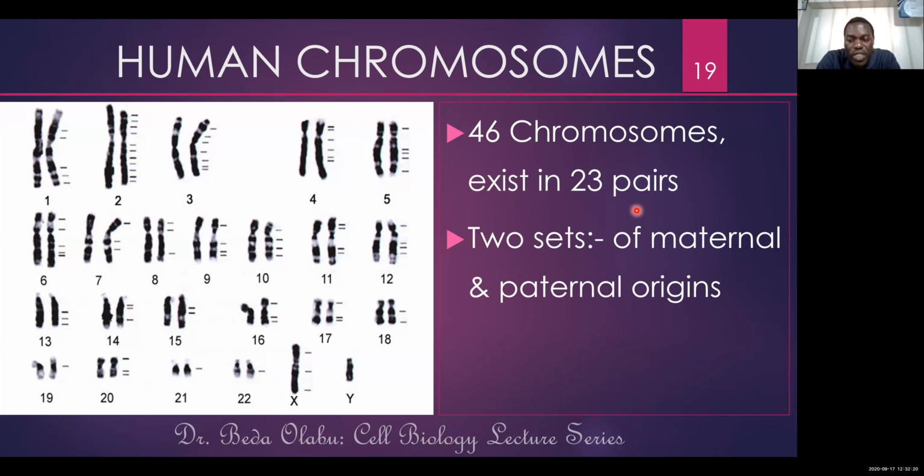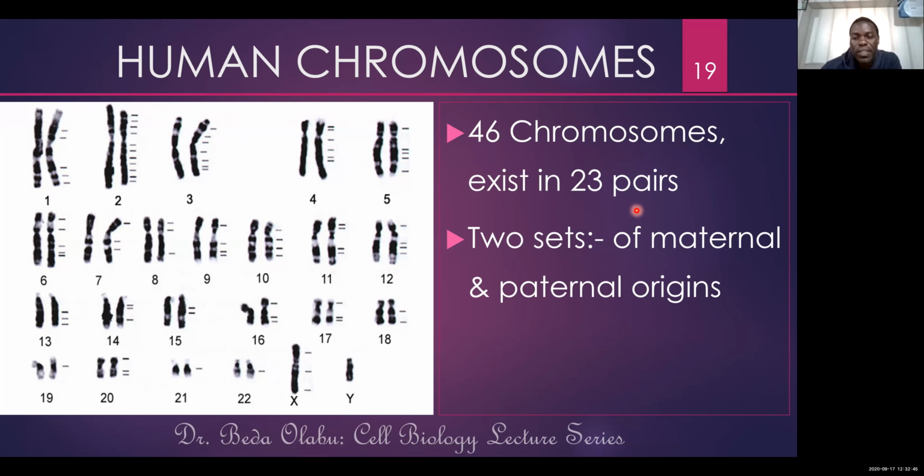Another set is of paternal origin, 23. So a set of chromosomes is a set of 23 chromosomes. 23 chromosomes constitute one set. When they're in a cell, we still call them chromosome 1 up to 23, but they're in pairs.